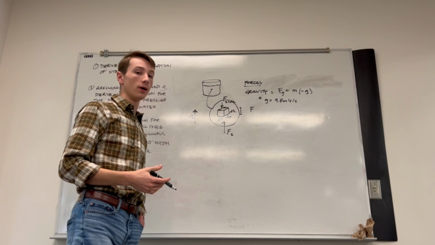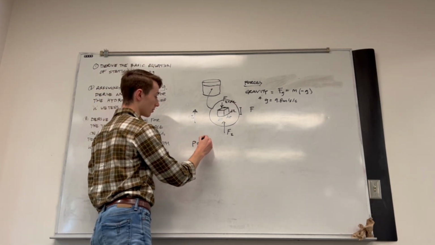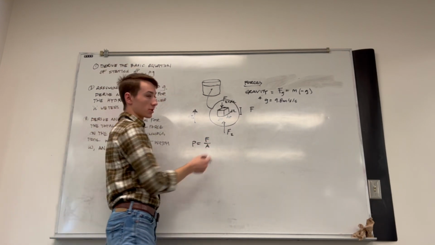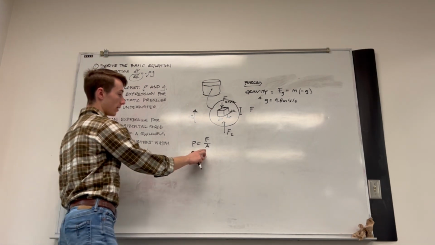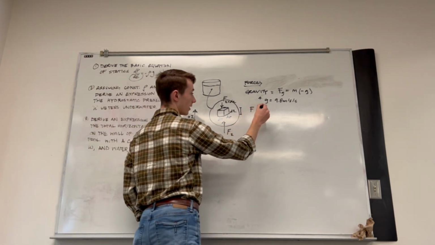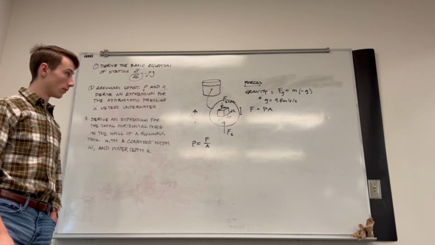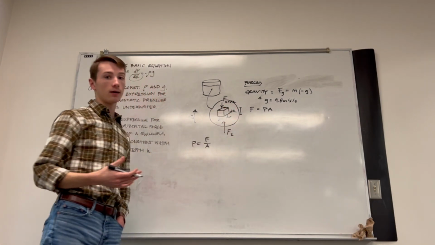Well, we know the relationship that pressure equals force over area, right? That's our units like pounds per square inch or ksi or something like that. We know that these forces are related to pressure and area through this relationship. So we have the pressure on the bottom and the top, and what area are they over?